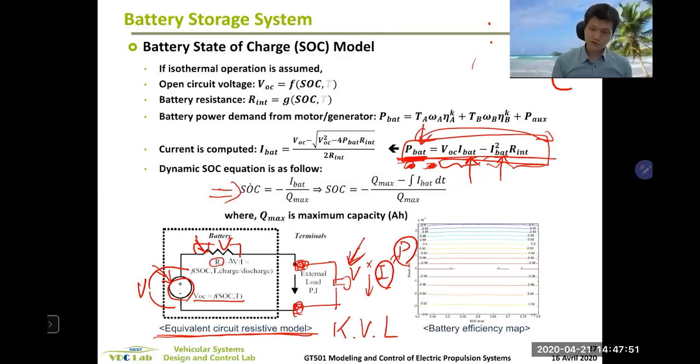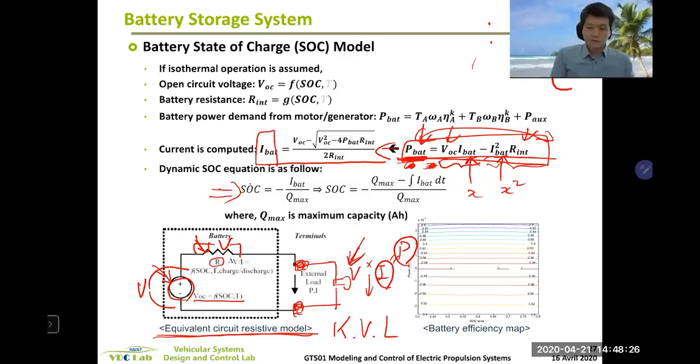Battery power is known, open circuit voltage is known, and resistance is known, but current is unknown. So we are trying to find this current, X. This is the quadratic formula we can use, and we can compute current. And so now we have current.